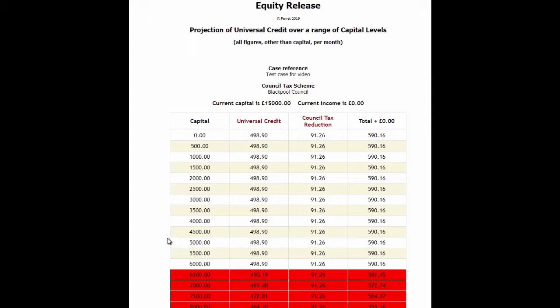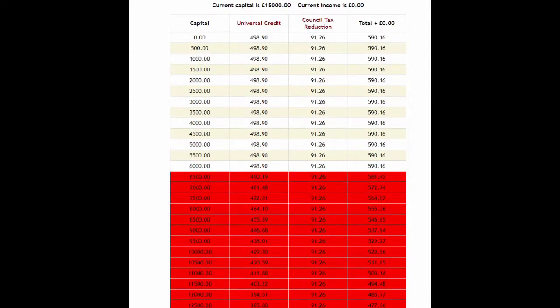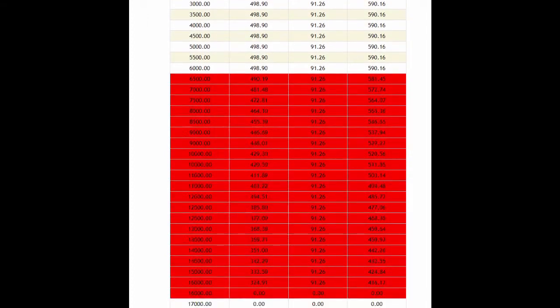As we scroll down this table, you'll see that that block there is applying across a range of capital.